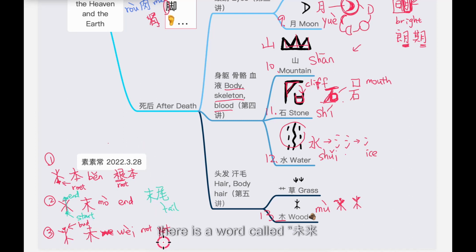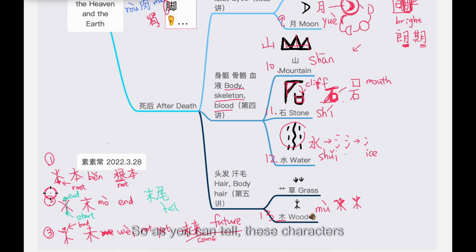So this is called wei. There's a word called wei lai. Lai means come. Wei lai means haven't come yet. This is the future. Wei lai means future.